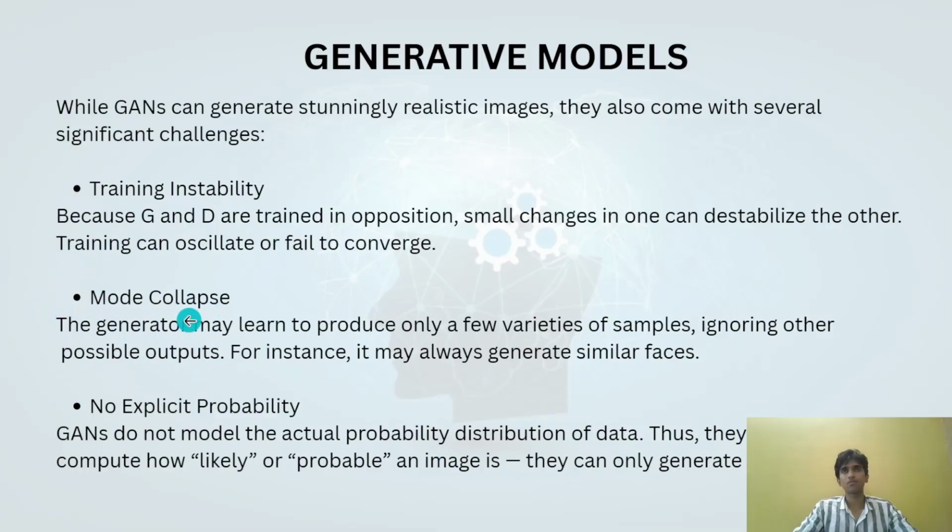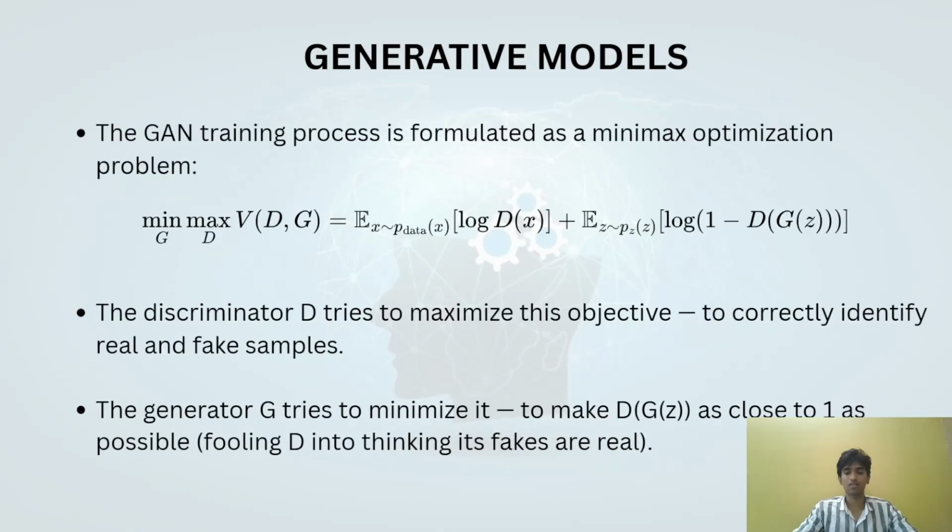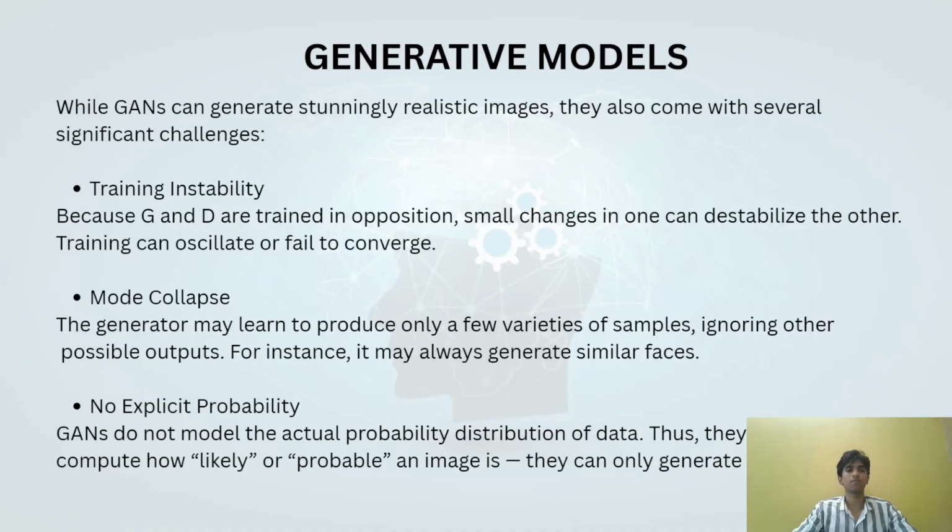This happens when the generator only produces a few varieties of samples, ignoring other possible outputs. For example, it might always generate similar faces. The probability distribution might be on a very small area, and every face we get might be the same face or similar faces, which means the model has actually failed.